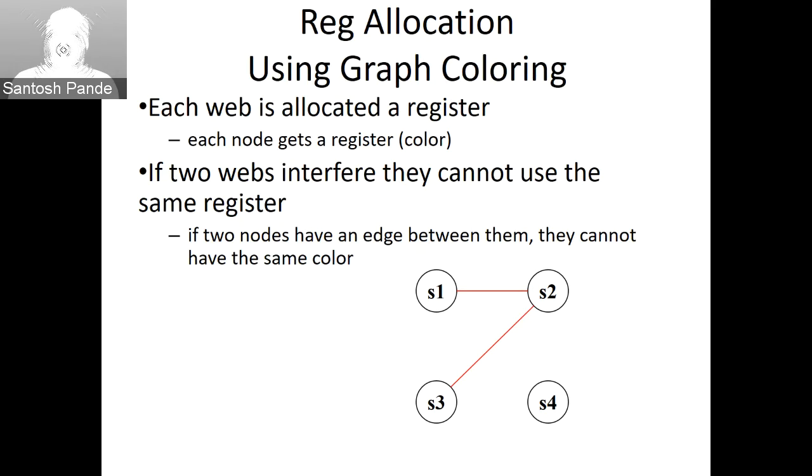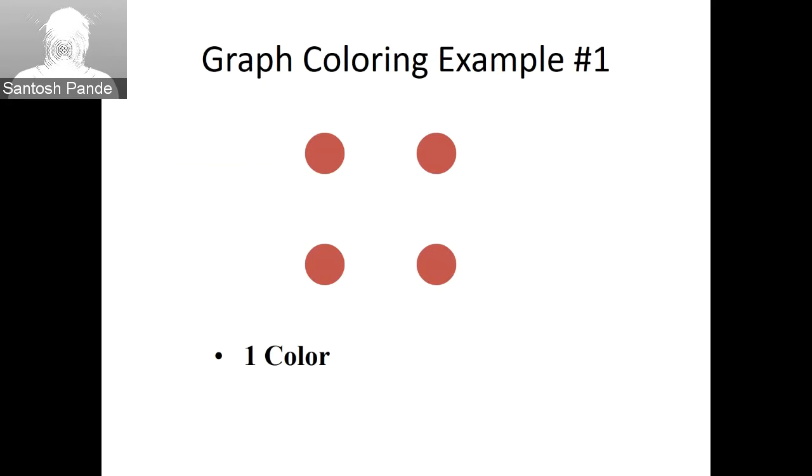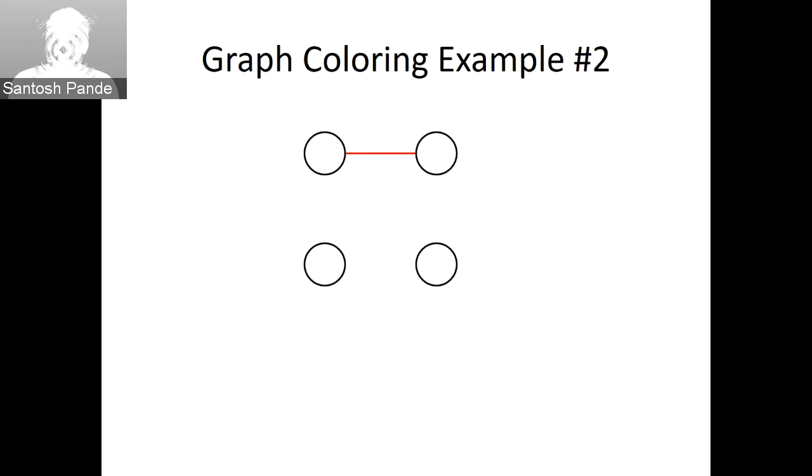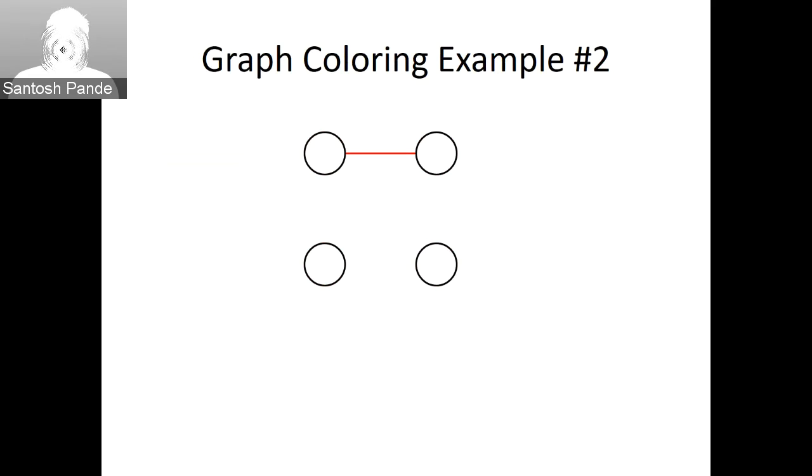So let's look at this S1, S2, S3, S4, and let's learn how this coloring problem really works. In this particular case, the nodes connected must have different colors. When the graph is completely sparse, it is colorable using just one color. Here, obviously, it is not colorable using one color.